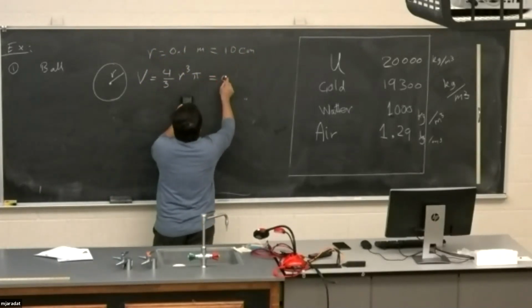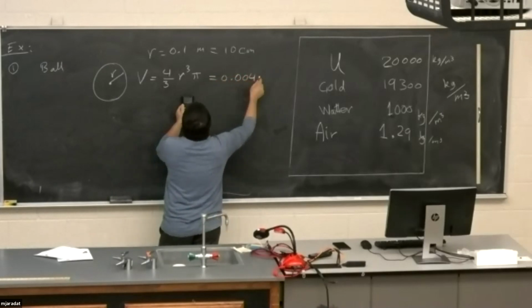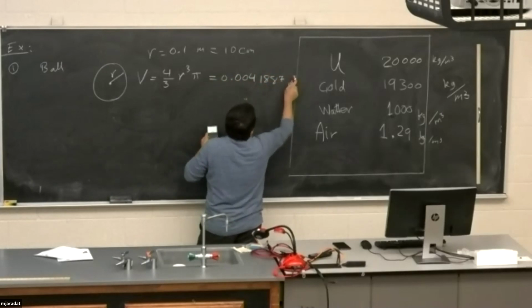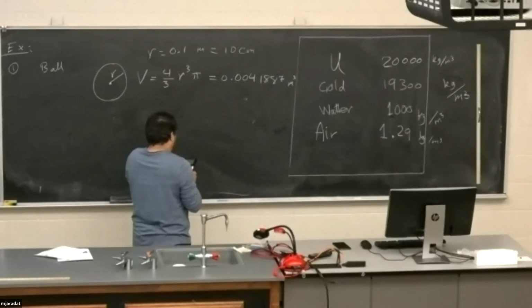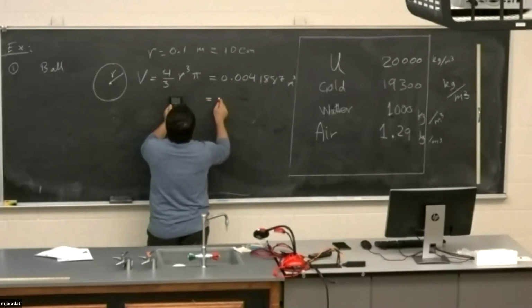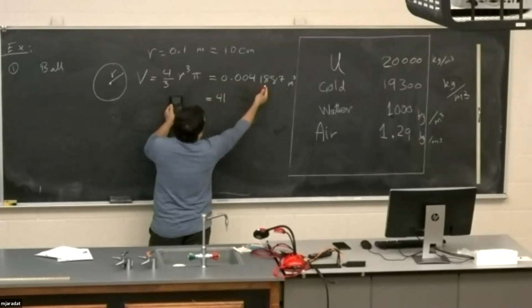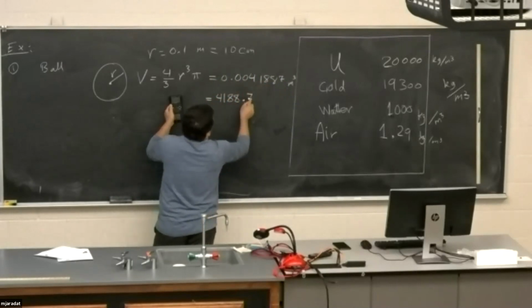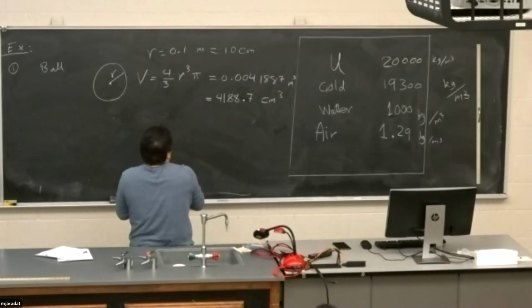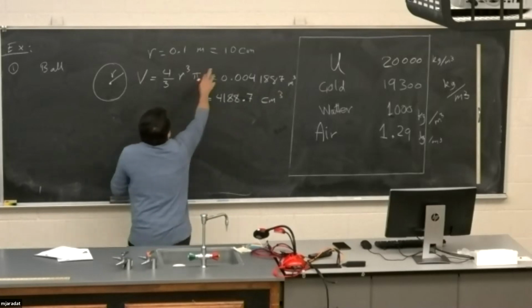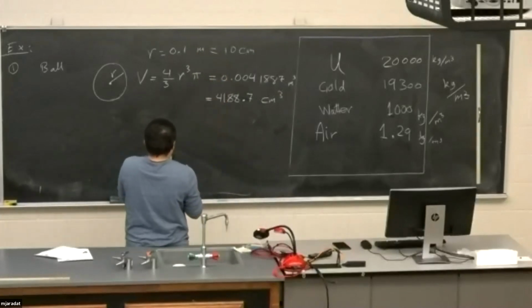So the volume is equal to 0.004187 meter cubed, which is equal to 4,000 centimeter cubed. No, wait. This isn't, yes, right.